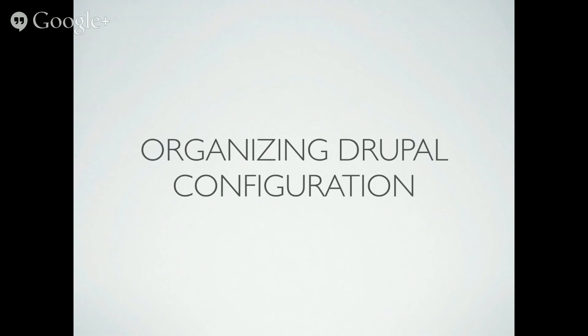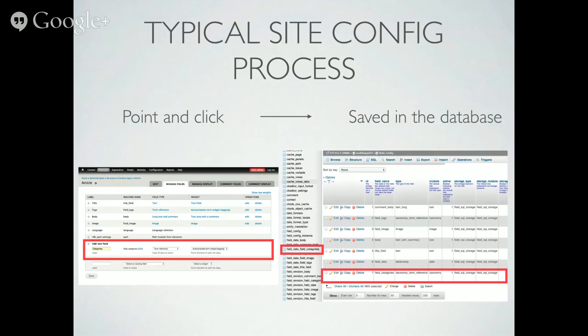So the topic of the webinar today is features, and features is a tool for organizing and managing your Drupal configuration. The reason that we need a module for this is because of an inherent problem in content management systems in general. This is true of site configuration in Drupal, but it's also true for other content management systems that you probably used. Normally when you're configuring a Drupal website, a lot of the configuration you're doing is through the administrative interface.